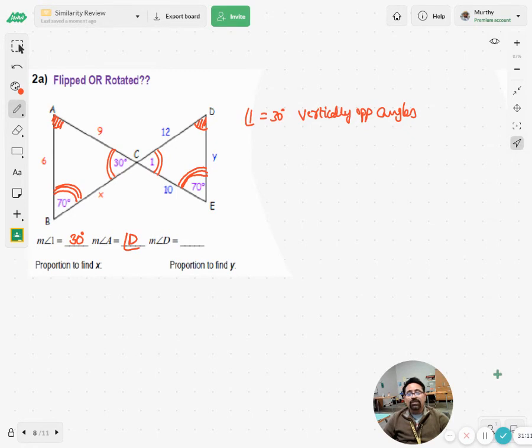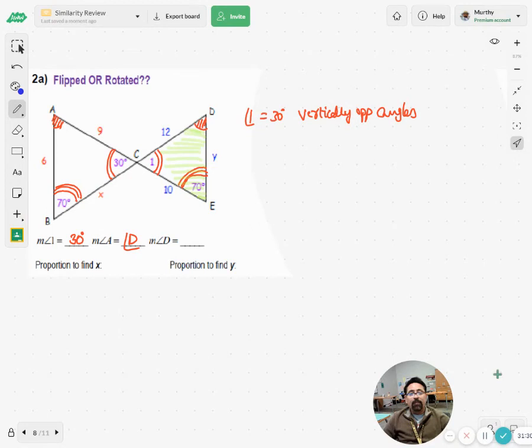Okay. Next, what is the measure of angle D? You know, in a triangle, the sum of the three angles is 180 degrees.